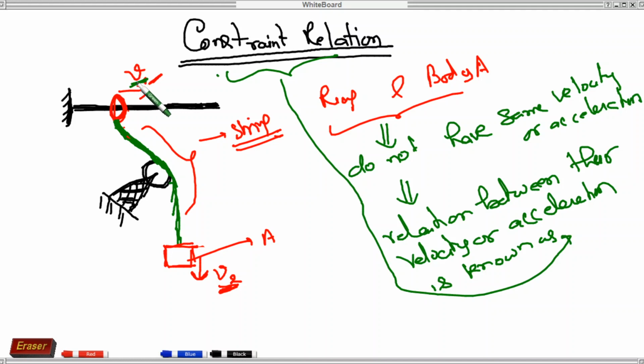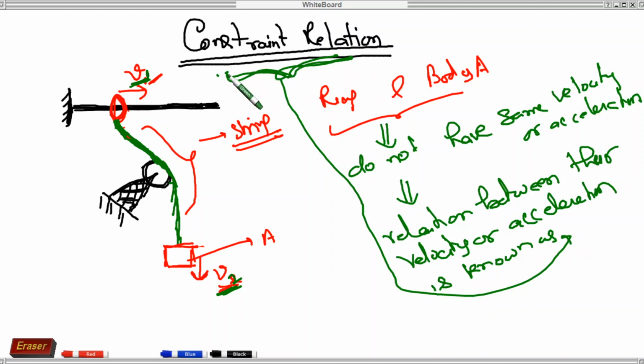This velocity and this velocity might be connected to each other with some relation. Some relation might be there between v1 and v2. That type of relation is called the constraint relation.